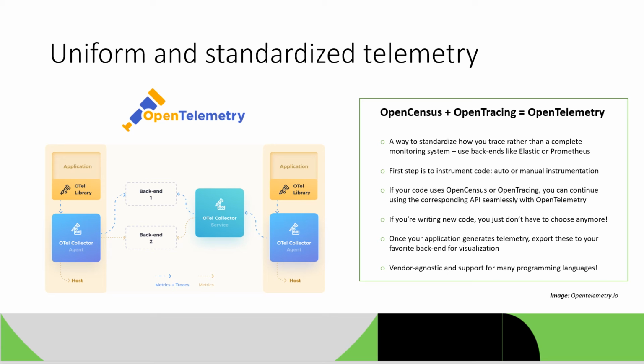But one thing to understand is OpenTelemetry isn't really a backend of sorts. It is just a mechanism to extract your telemetry data from your application into a third-party backend. So if you're using Prometheus or Elasticsearch and whatever, you can still continue using it. Those would be the backends.